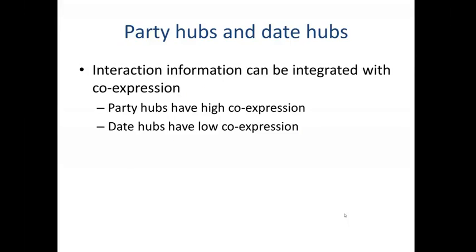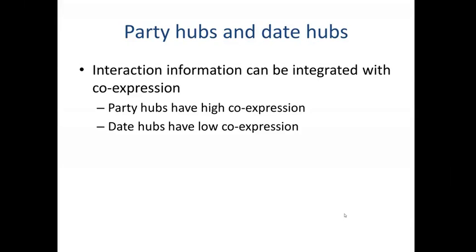There's another concept called party hubs and date hubs. Interaction information can be integrated with co-expression. You can take one of these maps of interactions, for example from yeast two-hybrid or from IP mass spectrometry, and integrate that with expression data, for example from arrays. When people have done those types of studies, they've described party hubs, where most of the components are in the same place at the same time.